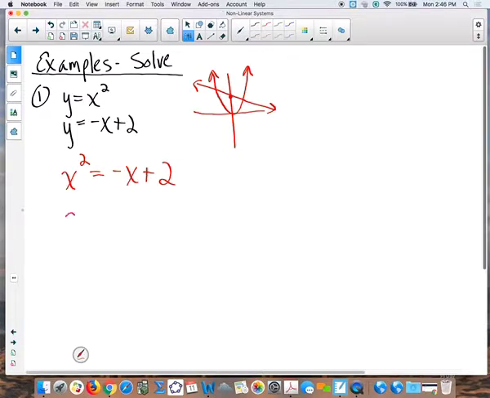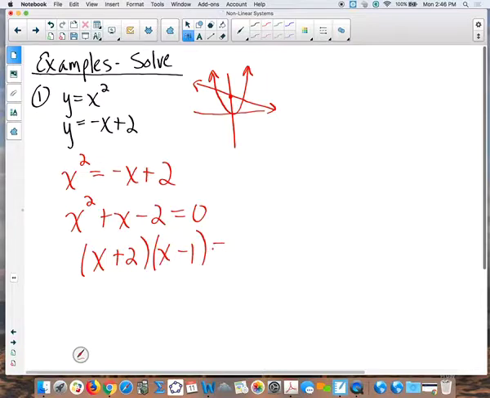Since it's a quadratic, I'm going to keep my x² positive and bring everything else over to the left side. I'm going to solve here by factoring, right? So if we solve by factoring here, what should we do next? We'll have (x + 2)(x - 1) = 0.